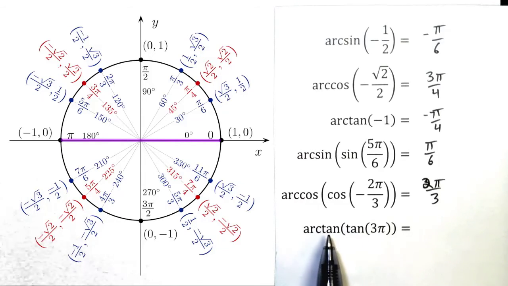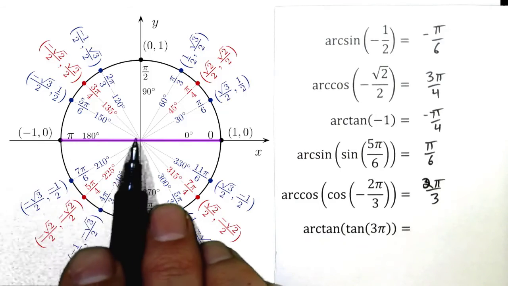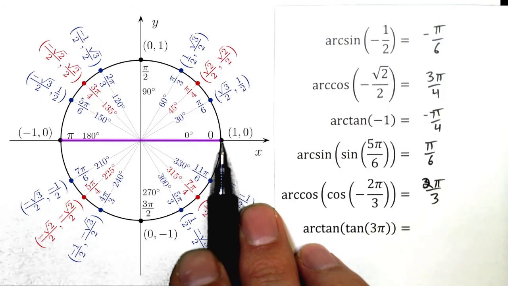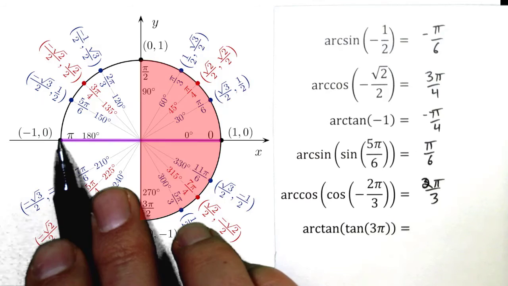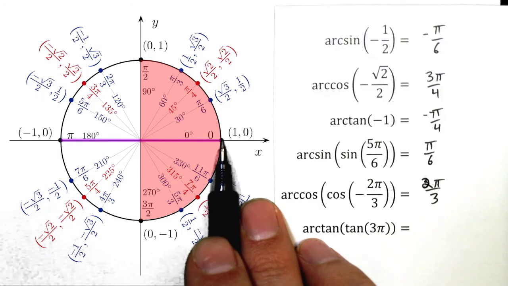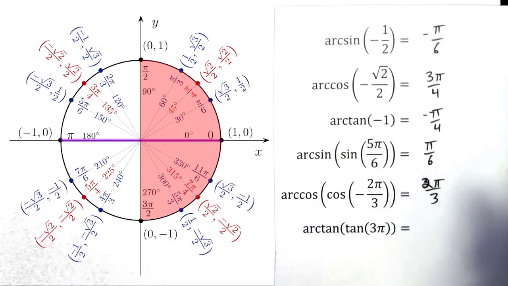Arctan of 0. Well, I'm thinking of points who give me a slope of 0. Well, it's this one and this one. But remember, arctan only gives me angles between negative pi over 2 and pi over 2. So it can't be this one. It has to be this one. So what angle between negative pi over 2 and pi over 2 puts me here? What's the angle of 0? So that gives me 0 as an answer.